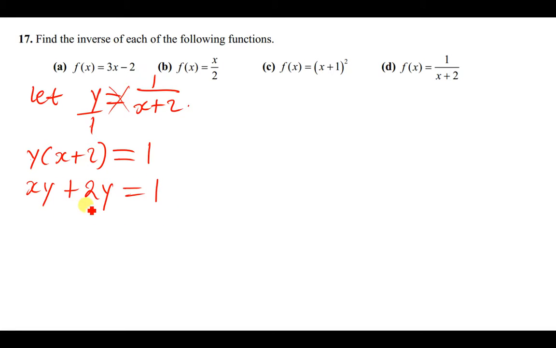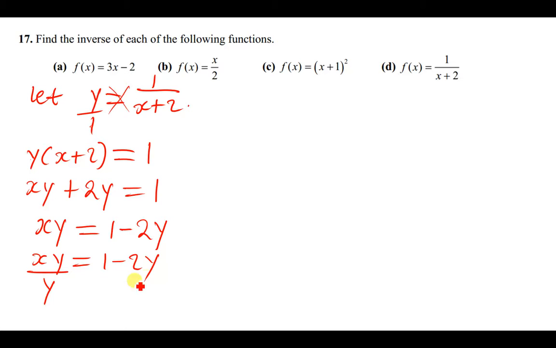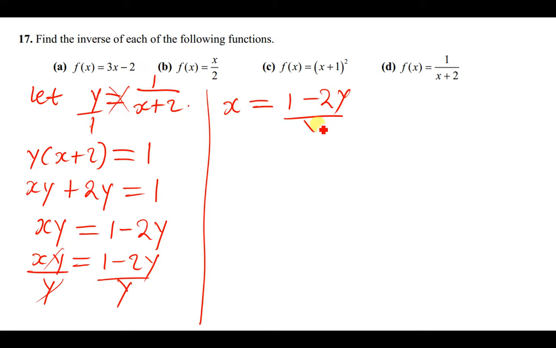So we make x the subject, we're going to take 2y to the other side of the equal sign. This side will remain with xy, this will be equal to 1 minus 2y. We divide everything by y, to remain with x this side. This one and that one will go. So what we're just going to remain with on the left is x is equal to, then on the right we're going to have (1 minus 2y), everything over y.